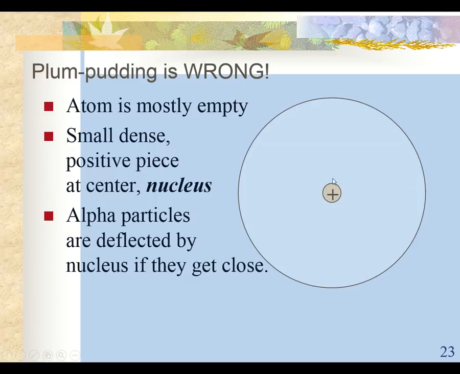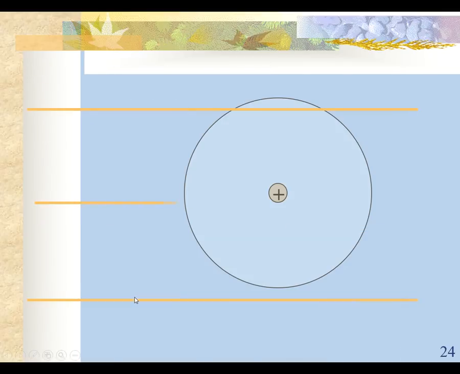Now, how do we know this dense nucleus was positive? Because of what we shot. We shot alpha particles, which were, again, helium atoms minus the electrons. So if they're missing their electrons, they have a positive charge. And so as a positive charge came in, it either got reflected or it got deflected off this other positive charge.